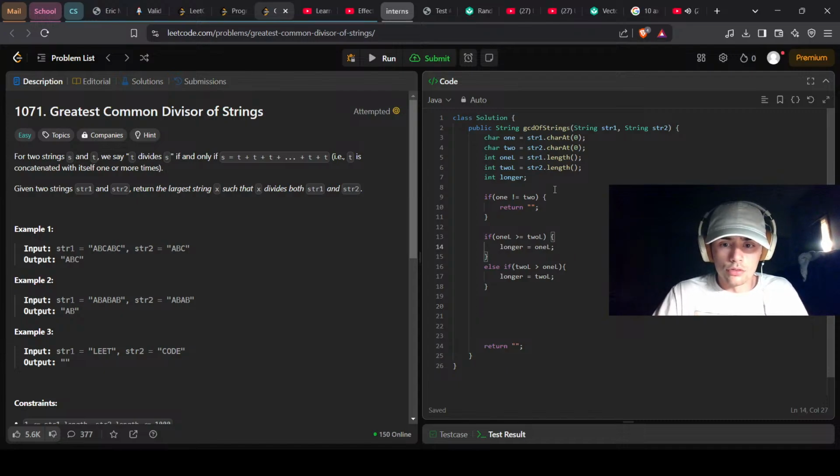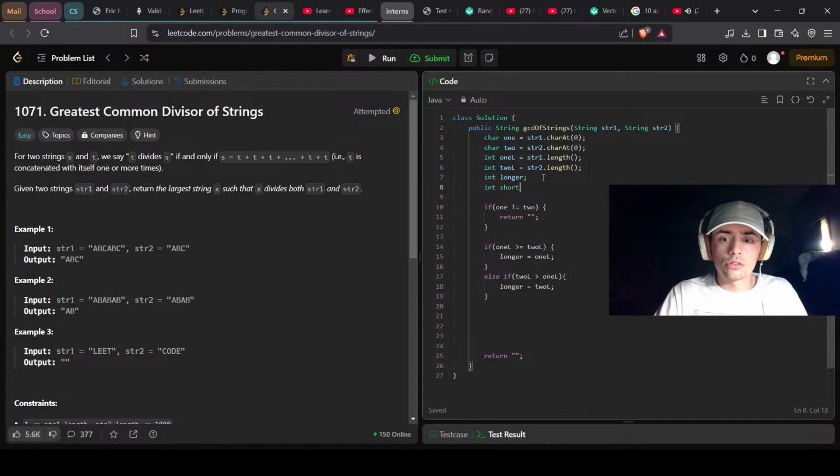Then we need to do shorter too. We're gonna need a shorter one, yeah, that's right. And shorter.